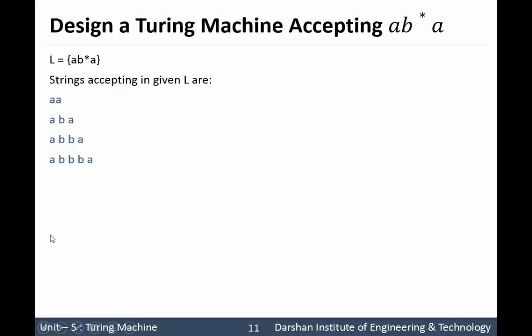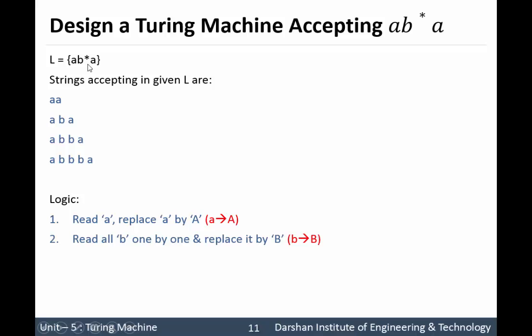Now the question is how to design a Turing machine which accepts such a string. So first we will discuss the logic to implement the Turing machine and then we will design the Turing machine. As we know, our first character is always a, so we will read the a and replace small a by capital A. Now next is b*, that means 0 or more occurrences of b.